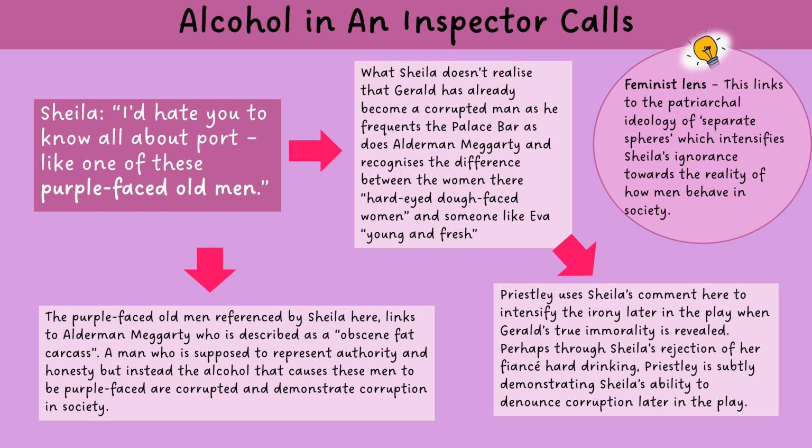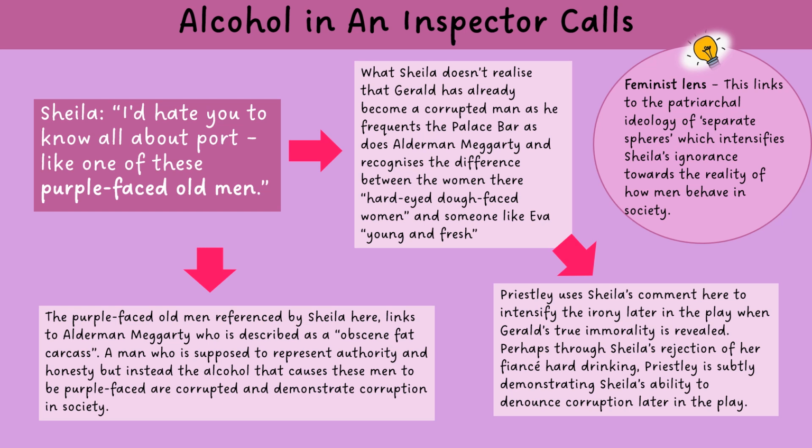Okay, now what Sheila doesn't realise, it's like the sense of irony here, is that she's saying she doesn't want Gerald to become one of those men without actually realising he already is one of those men, because he is a man who, like Alderman Meggarty, frequents the Palace Bar, which we know is associated with prostitution, okay, and alcohol. And it's this idea that Gerald has already embodied and is already following that path towards becoming, later in life, that purple-faced old man.